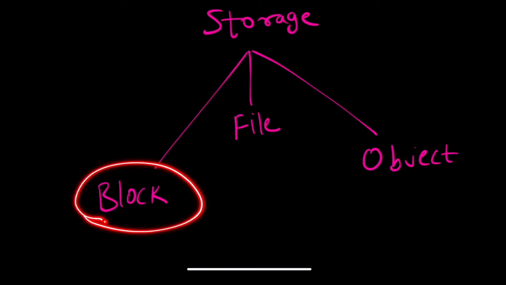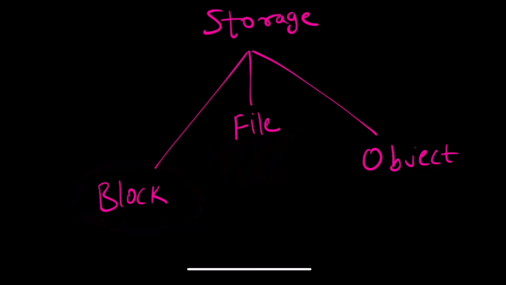Now, different from the block operation is going to be file storage. For file storage, we can take an example: NAS, network attached storage, is a good example of file storage. In case of file storage, you may find that you share a folder from server 1 and you try to access that on client machines, right?